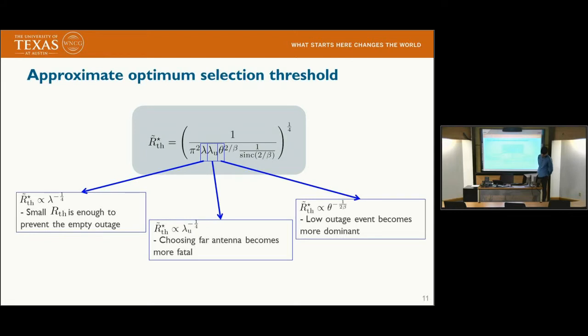Second, when there are many interfering users, choosing a far antenna becomes more fatal to the performance of the typical user. And finally, when the target threshold becomes large, the flow outage event becomes more dominant. For these three factors, the optimal threshold increases when these values decrease.